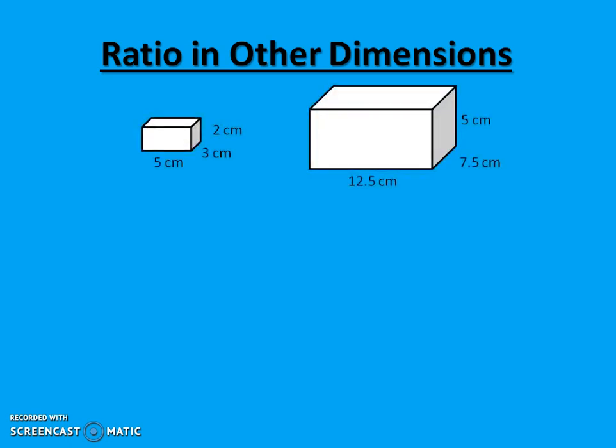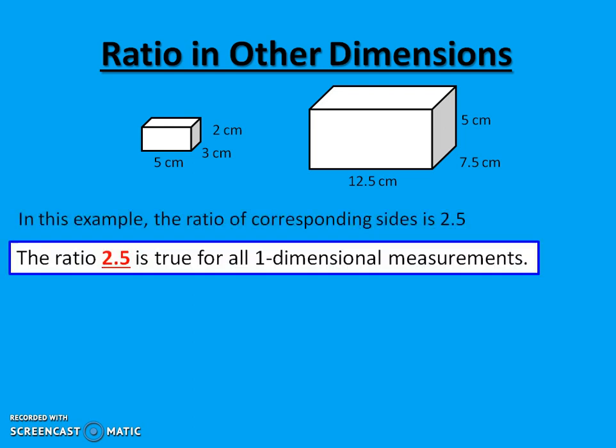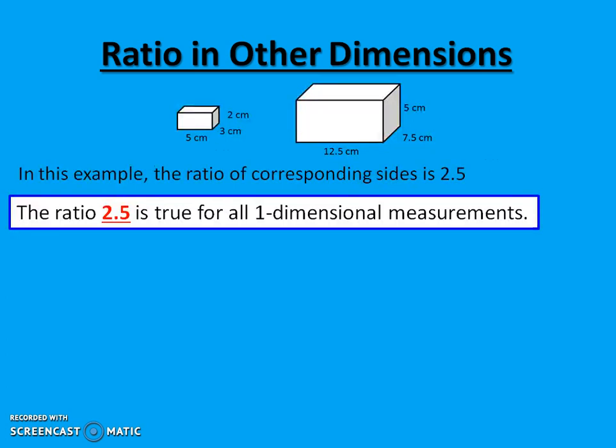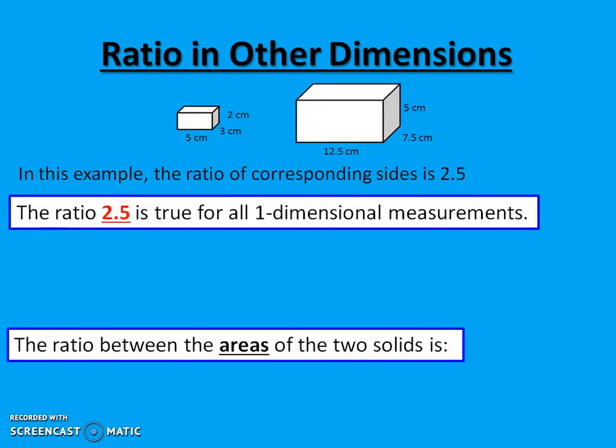So the example that we saw last with these two whose ratio of similarity was 2.5, the areas of these two, and that could mean just the lateral areas, the base areas, or the total surface areas, is 2.5 squared. That's the ratio between them. The same ratio as one-dimensional, but squared, times itself.